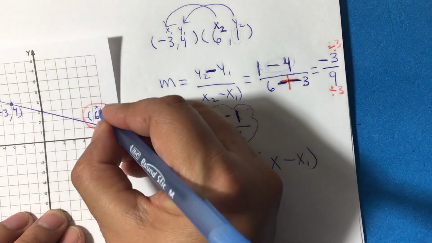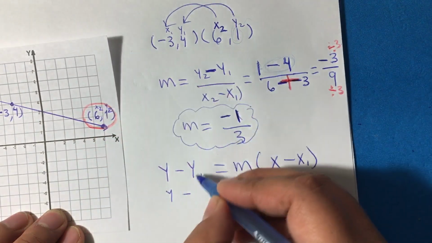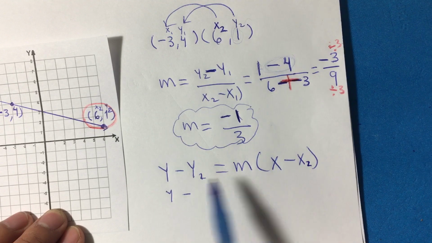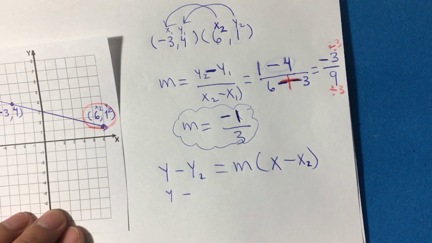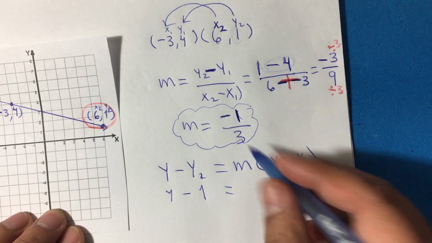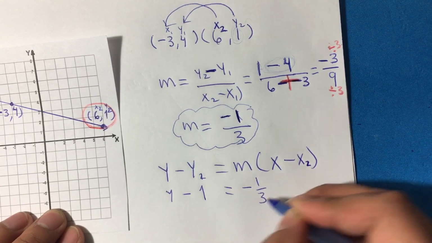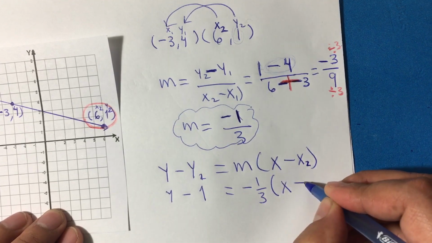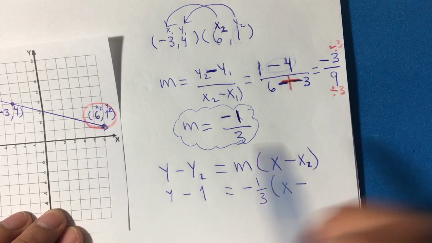Or you can just put it as x2, y2 and just change it in here. I mean, it doesn't matter as long as you know that this is just the information of the point that you choose. y2 is 1 equals the slope, which is -1/3, is what we found. X minus the x2, which is 6.